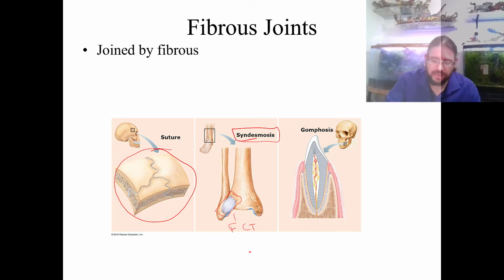And lastly, we have the gomphoses, which is a joint unique to the teeth, where the teeth intersect with or articulate with the cranial bones. So a gomphosis has fibrous connective tissue, basically sealing the bone into the tooth cavity.